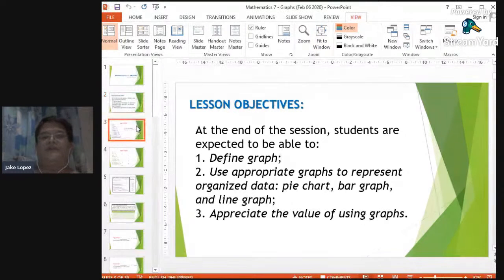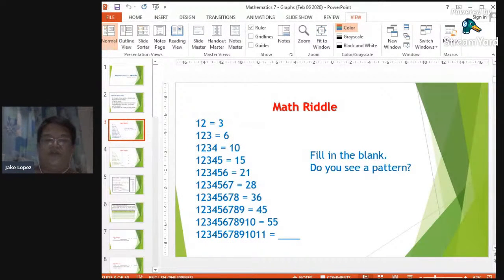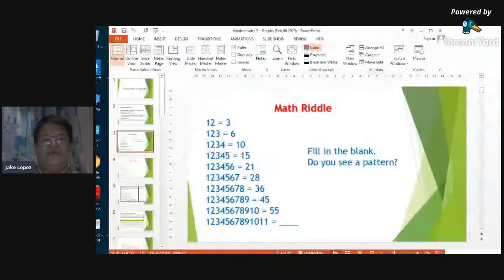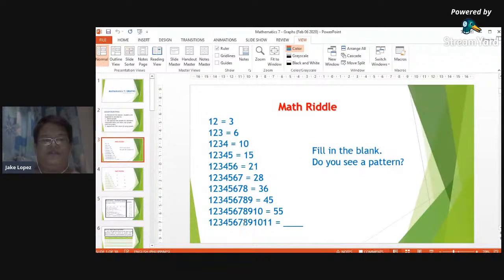Before that, let us have a riddle. As you can see, there is a set of numbers on your screen, 1, 2, 3, 4, 5, 6, 7, 9 until 11.